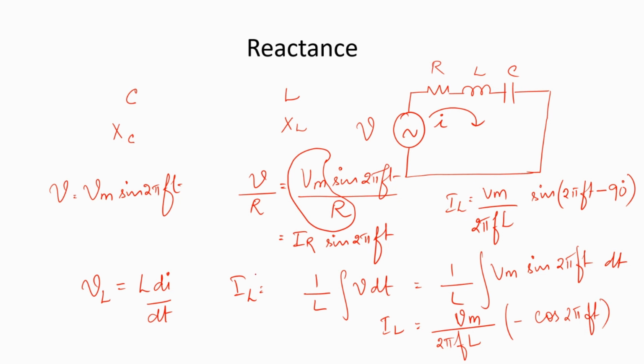Let us now move on to the expression for the capacitive current in this circuit. So looking at the current through the capacitor, right? So I can say IC can be written as C into rate of change of voltage, C dV by dt. We know that the expression for V is Vm sine of 2 pi f into t. So on differentiating it, what do we get?